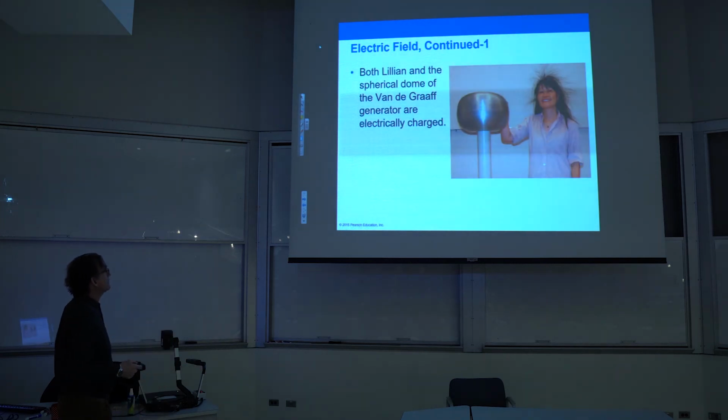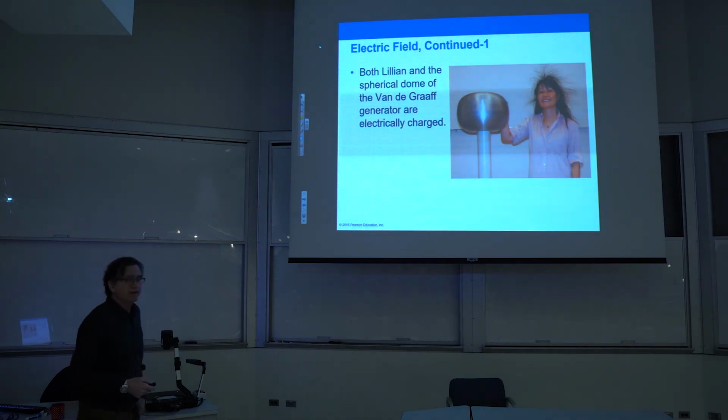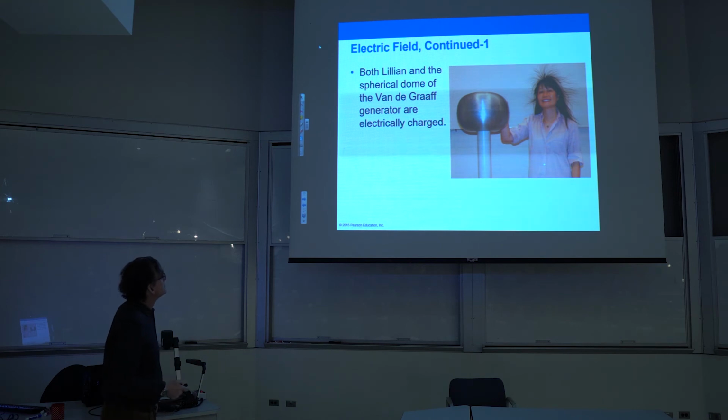Another interesting example of distributing charge by contact is what's used in a high voltage Van de Graaff generator. This lady here is standing on a platform that isolates her from touching any nearby metal to keep her from getting electrocuted. She is isolated with an insulator, a material that keeps her away from any electrons coming from the ground.